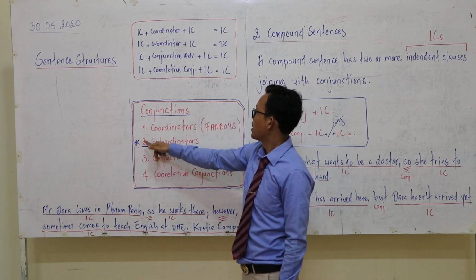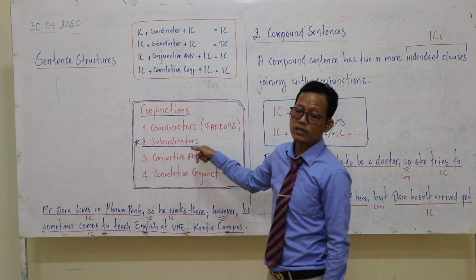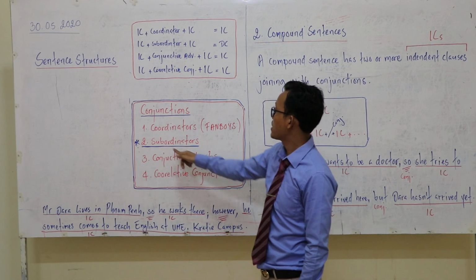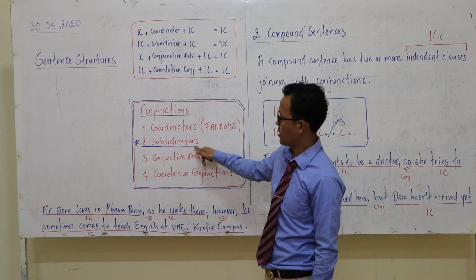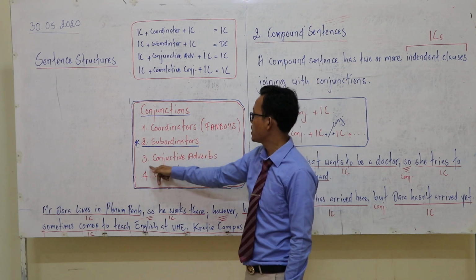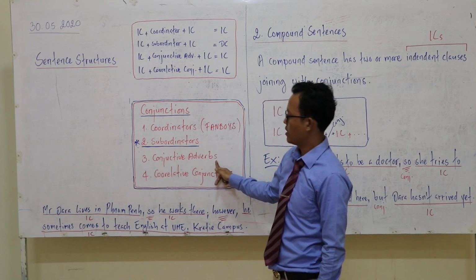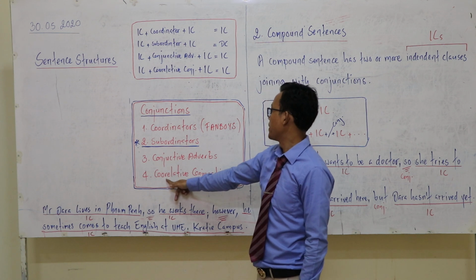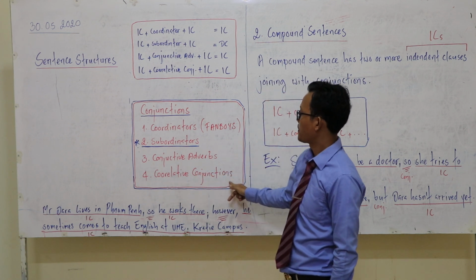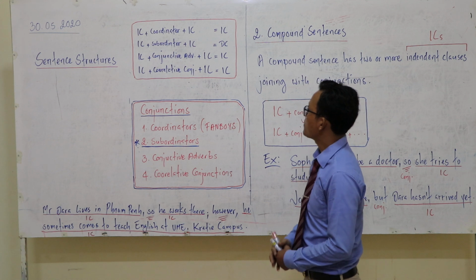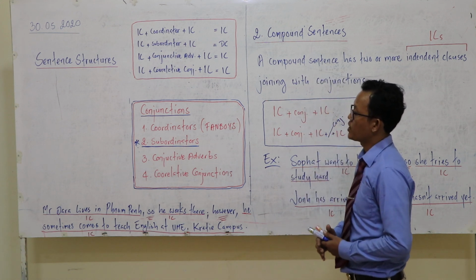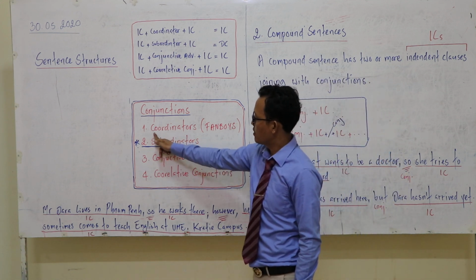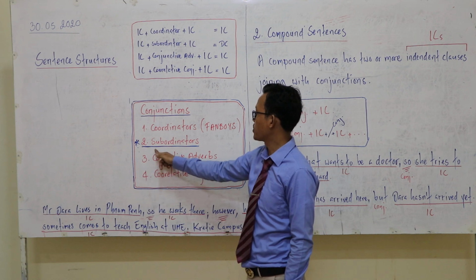Number 2, subordinating conjunction, or we can say subordinators. Number 3, conjunctive adverbs. Number 4, correlative conjunction. So when we use a compound sentence, we use only three: number 1, number 3, and number 4, not number 2.